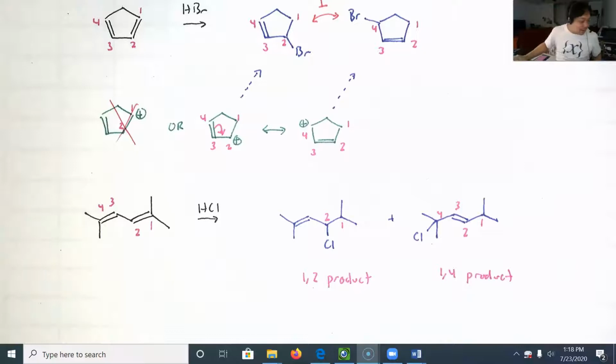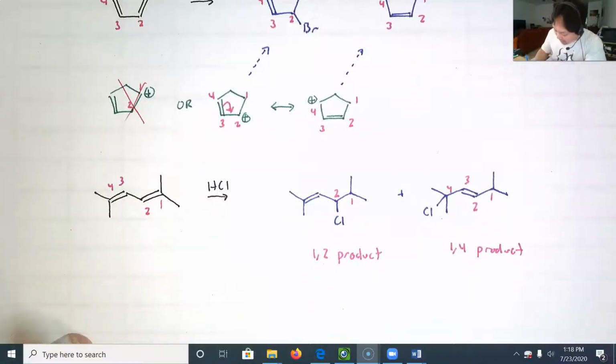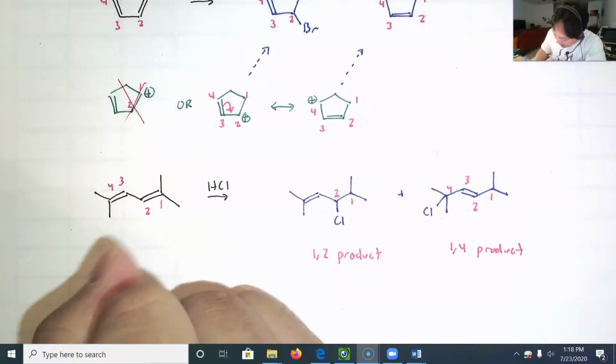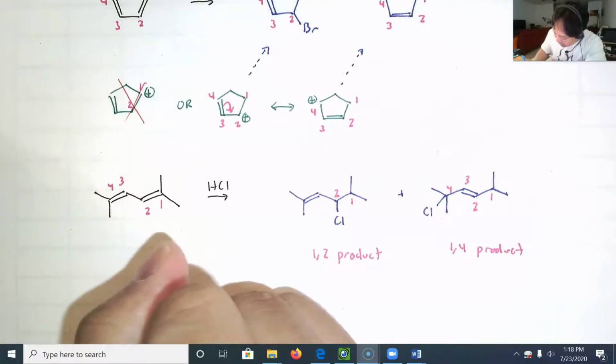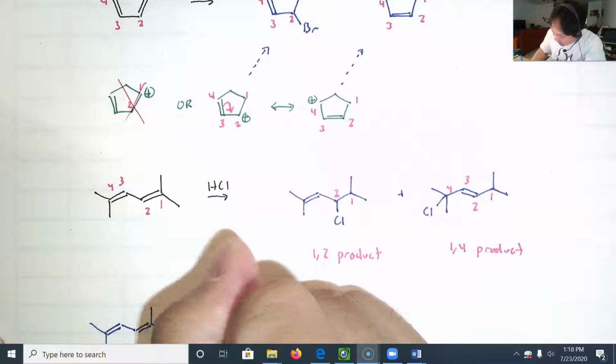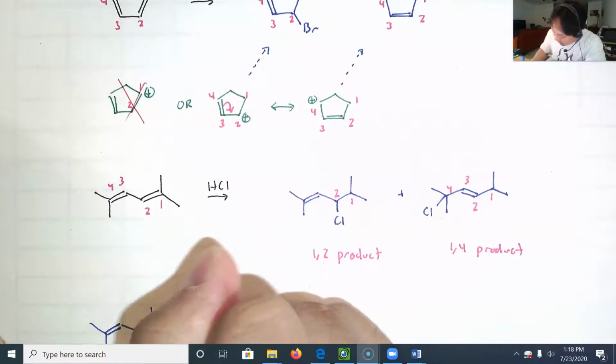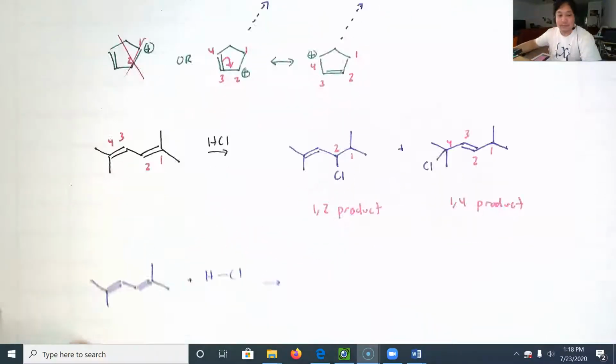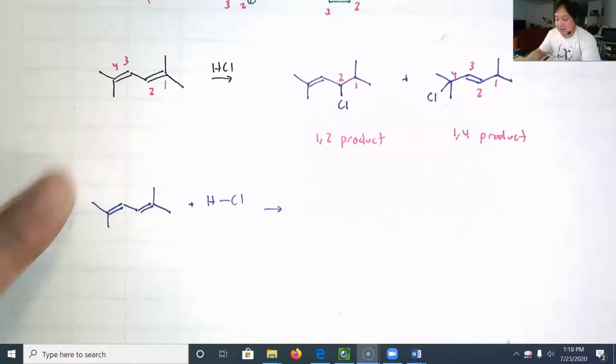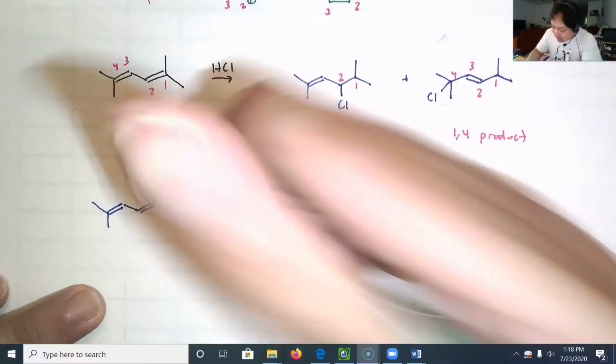Why don't I do the mechanism for this? And I may or may not have time to talk about temperature control. I'm using the conjugated diene that we have up here.